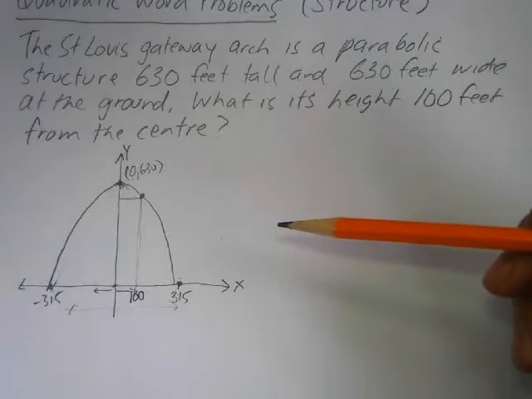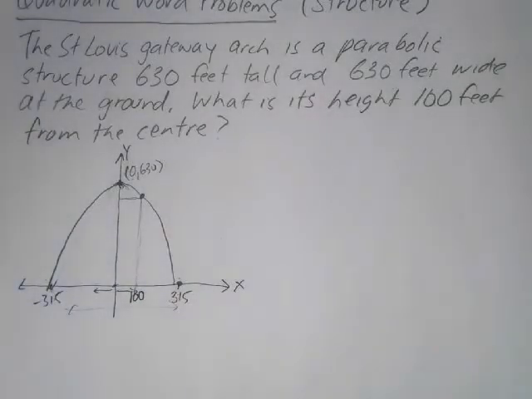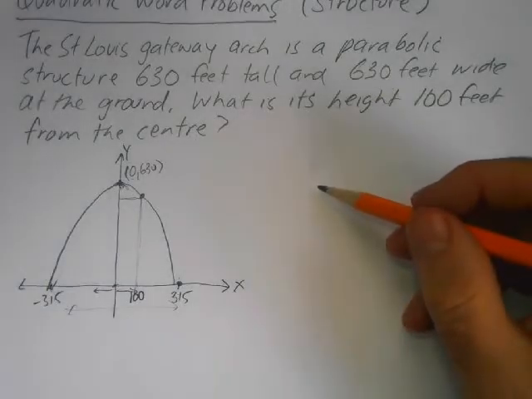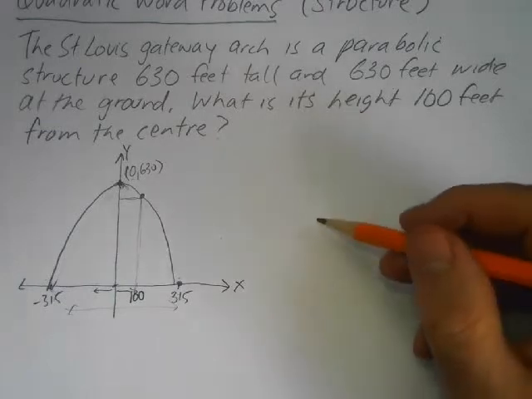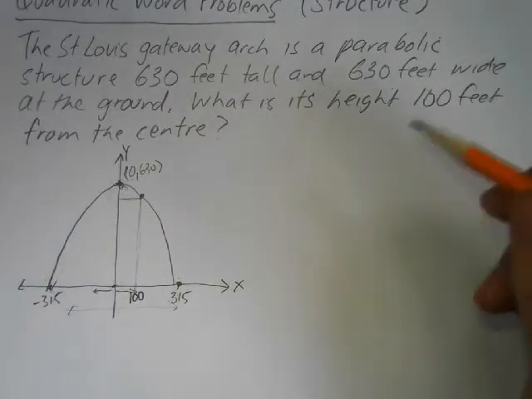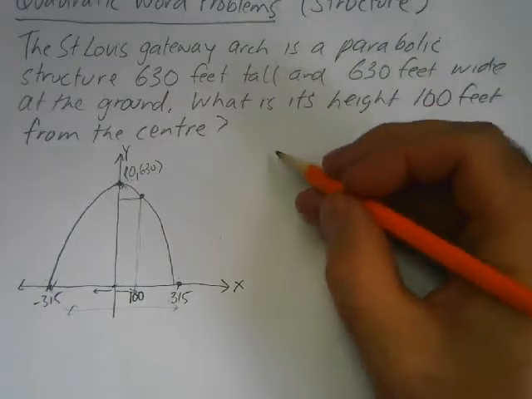You'll get two different looking equations. One will be vertex form, one will be factored form, but if you were to use it, you should get the exact same answer.